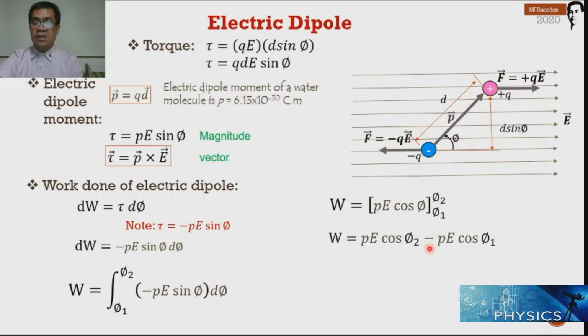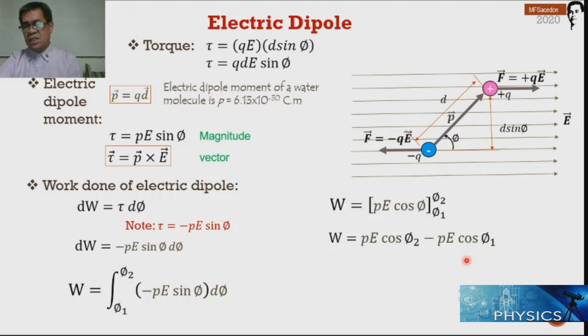Evaluating the limits, upper minus lower, this is the result. Meaning, the work done is PE times the cosine of the final angle, minus PE cosine of the initial angle.